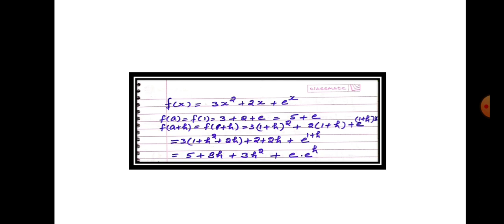So here we can see the coefficient of h in a plus h is 1, but we are getting 8h plus 3h square plus e into e raised to power h. So in 8h it means 1 is multiplied by 8. In 3h square, the coefficient of h square is multiplied by 3, and e raised to power h, here the coefficient is again 1. So h remains h here.